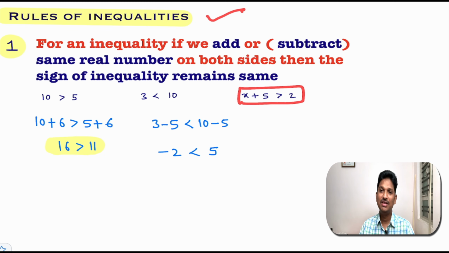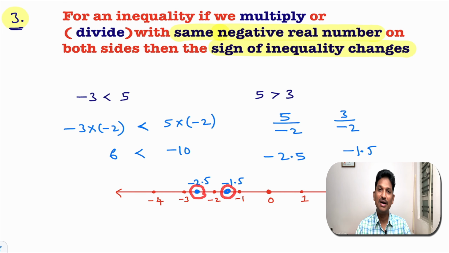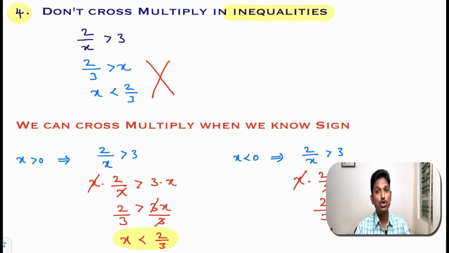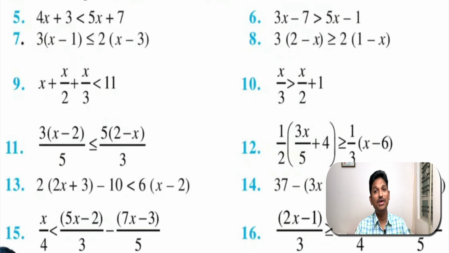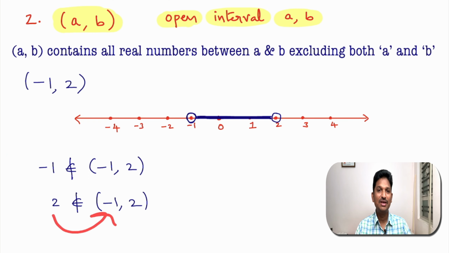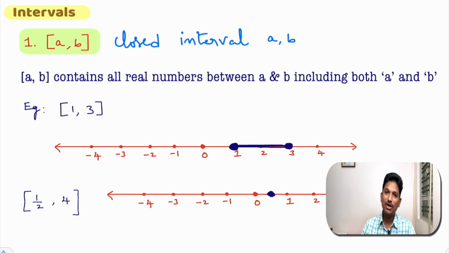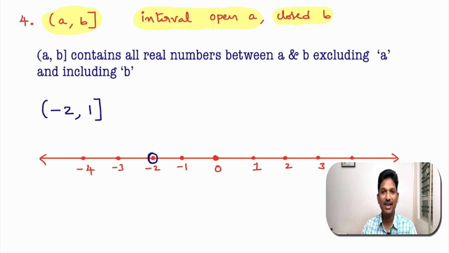Actually, this chapter is very important, because while doing the relations and functions chapter or calculus, many times we get a situation where we have to find the x values which satisfy given inequalities. So whatever you learn in this chapter, we will use not only in this chapter but also in other chapters. Those concepts are definitely going to be helpful.